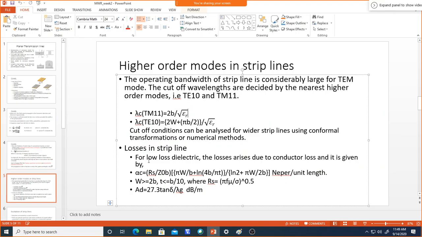Okay, so coming to the losses in the strip line, what are all the losses? As I said already, the dielectric loss and the conductor loss.